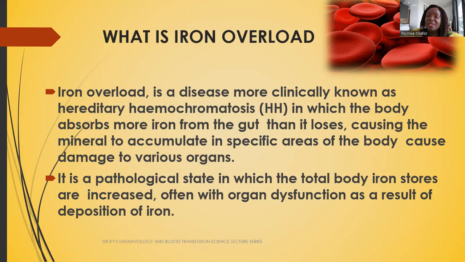In hemochromatosis, the body absorbs more iron from diet, from the gut, and subsequent to this, iron is deposited in various organs of the body, causing organ damage. It is a pathological state in which the total body iron stores are increased, often with organ dysfunction as a result of iron deposition.